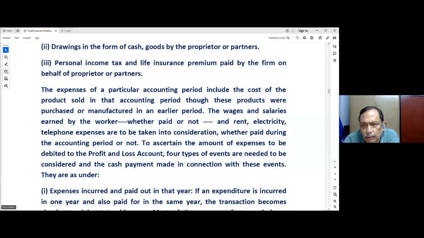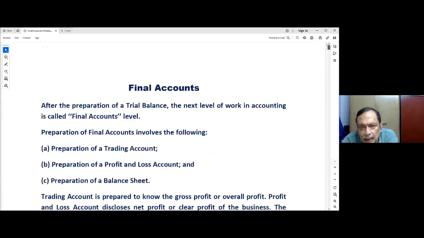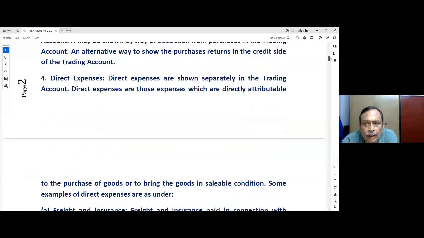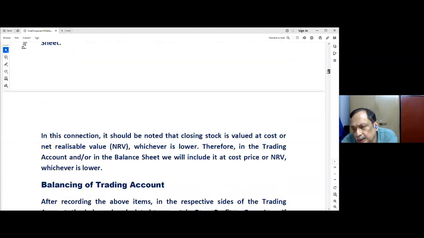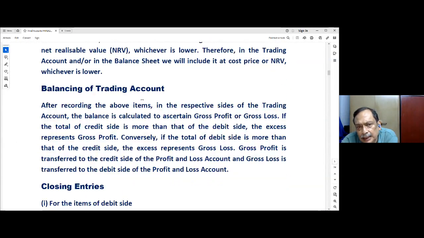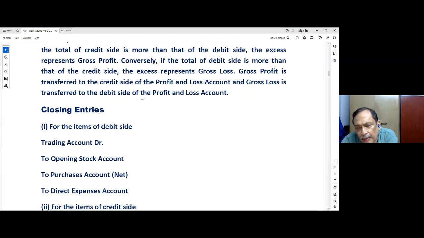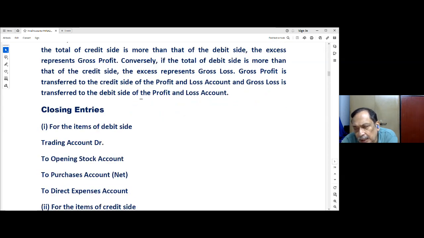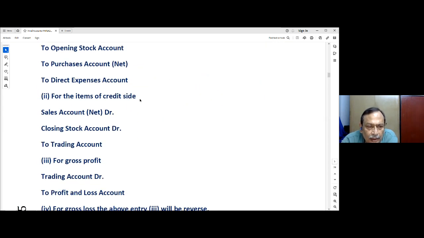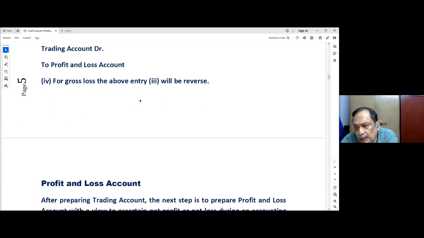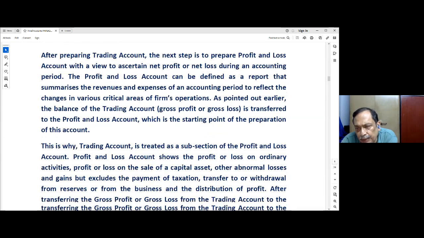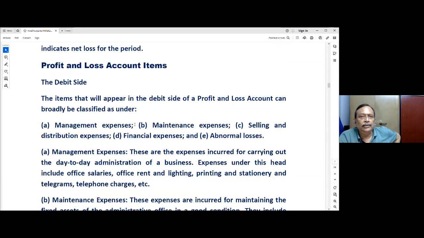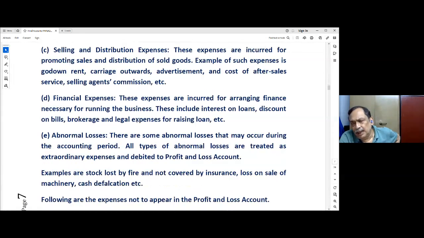Now we have concluded the final accounts, and I have discussed with you what are the respective items that we are going to consider in the trading account in the form of debit and credit, and how we are going to make the closing entries in the trading account. Then I discussed how you are going to prepare the profit and loss account and what are the items that will be considered on the debit as well as the credit side.